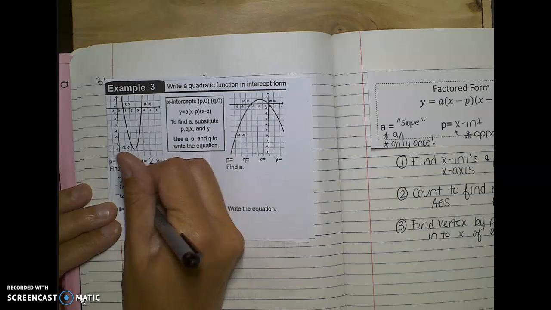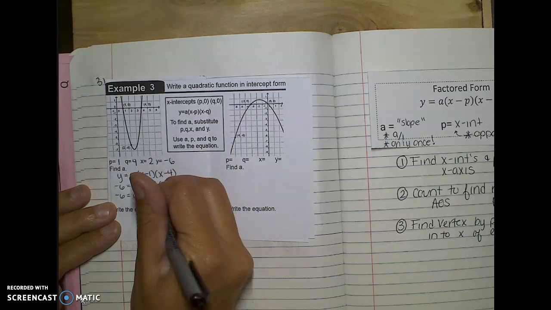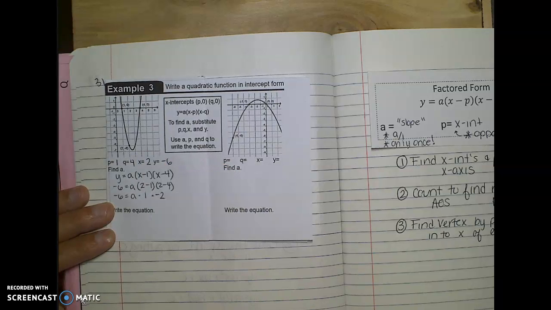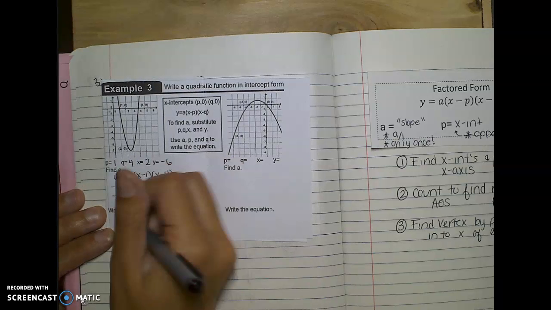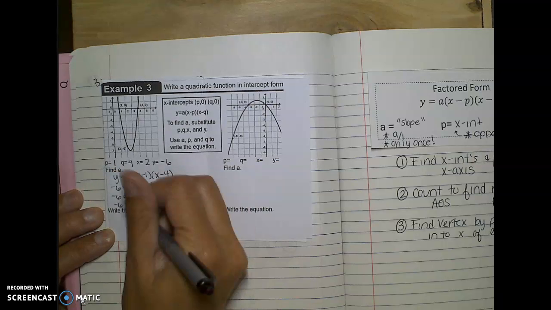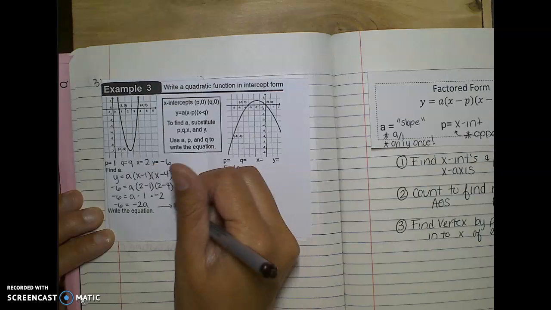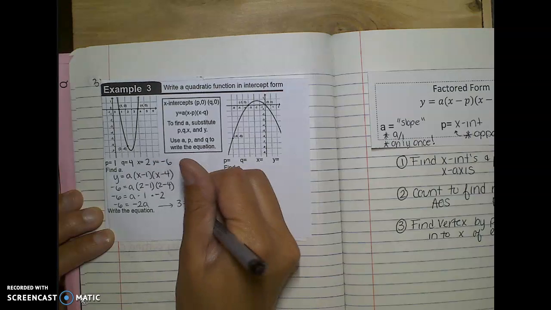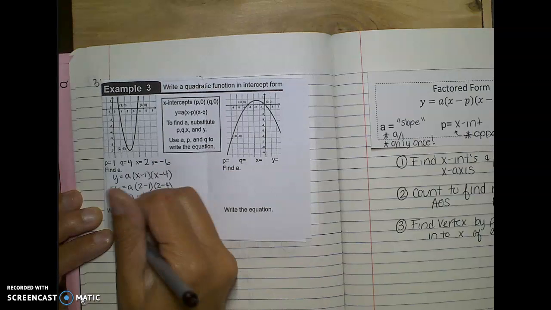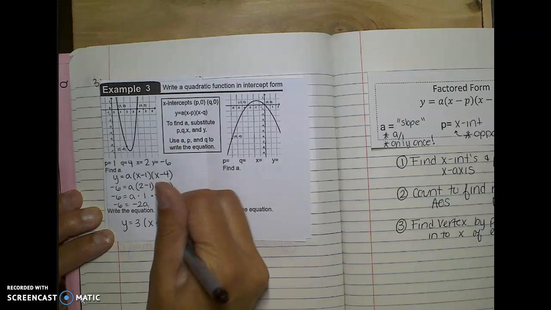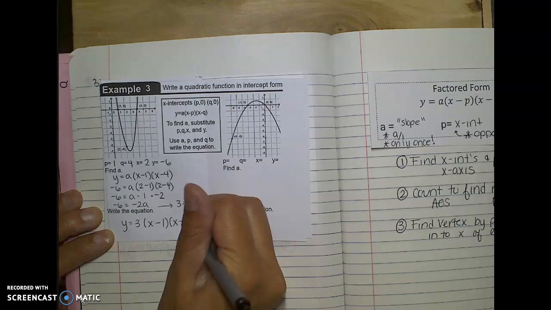So negative 6, a times 1 times negative 2, and all of that changes into negative 6 equals negative 2a. Then I would divide and get that a is 3. Then I would just rewrite my equation: y equals 3 parentheses x minus 1, x minus 4.